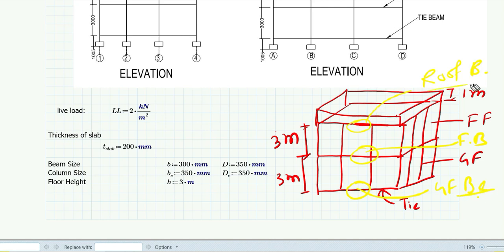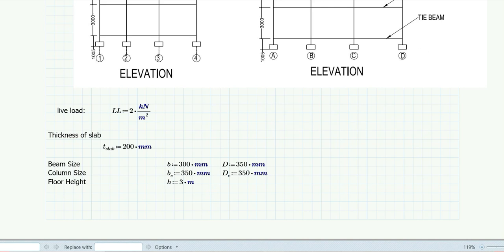These nomenclatures we are going to use in our calculation. So remember this figure, visualize this particular building, because the visualization will be required while calculating the loads that are coming to our structure. Now let's see how to calculate.